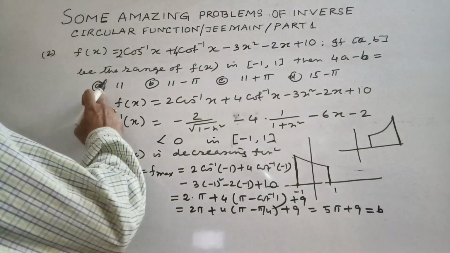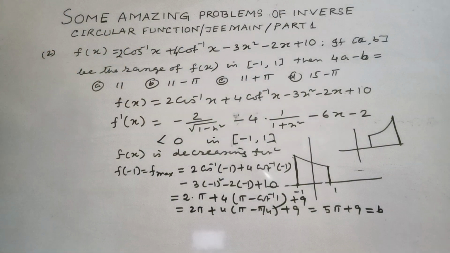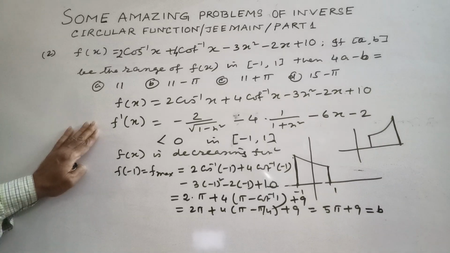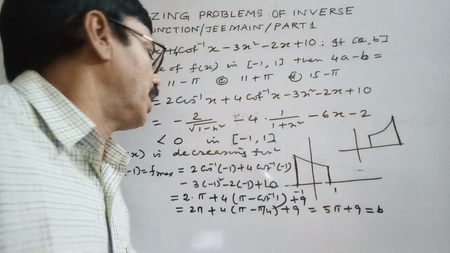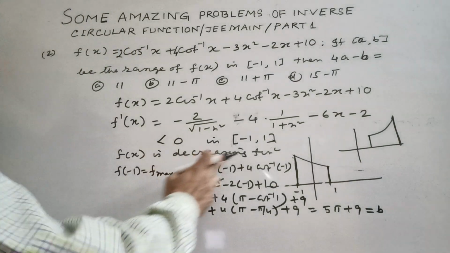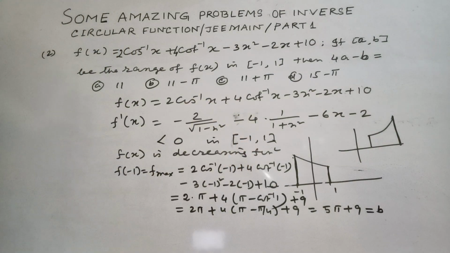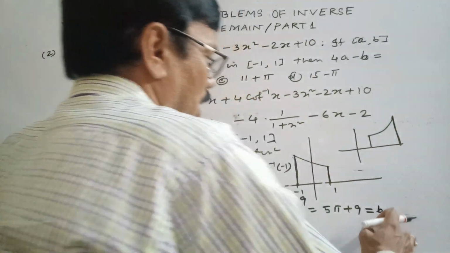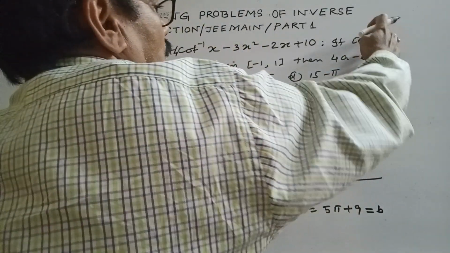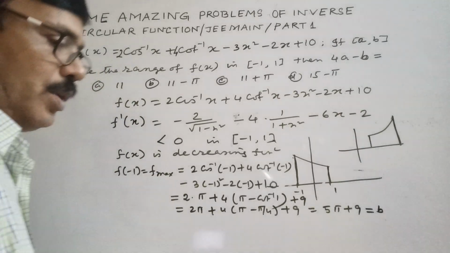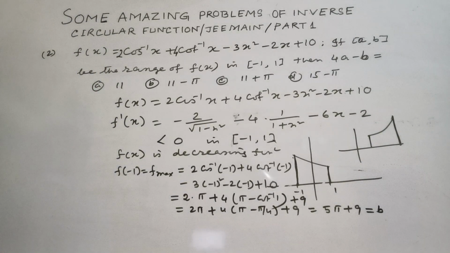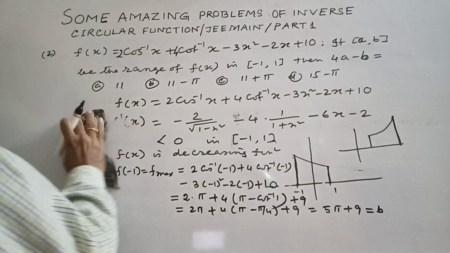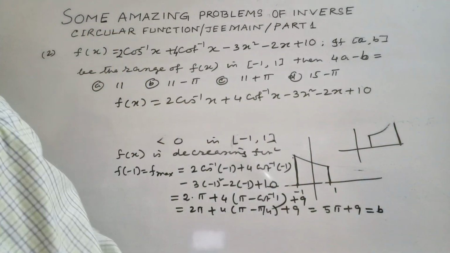Look at the characteristics of the function: if you take f dash x, all terms will be negative, so it is a decreasing function in the said interval. So f(-1) we are getting 5 pi plus 9, and this is B because it is maximum. Now you can find what is f(1).